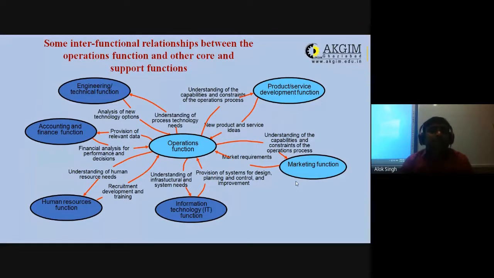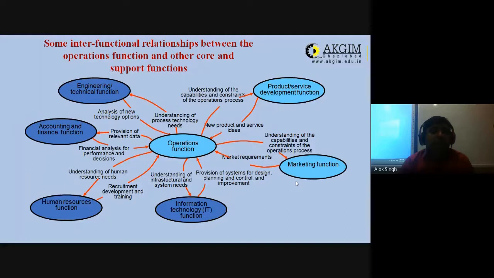Okay, next is the operations function with the HR function. So what is the role of HR and operations? HR will check understanding of human resource need, like the operations function requires a CAD operator, or CAM operator, or lathe machine operator, or CNC operator. So the operations function will put its requirement of a CAD expert to the HR department. And what will the HR department do?